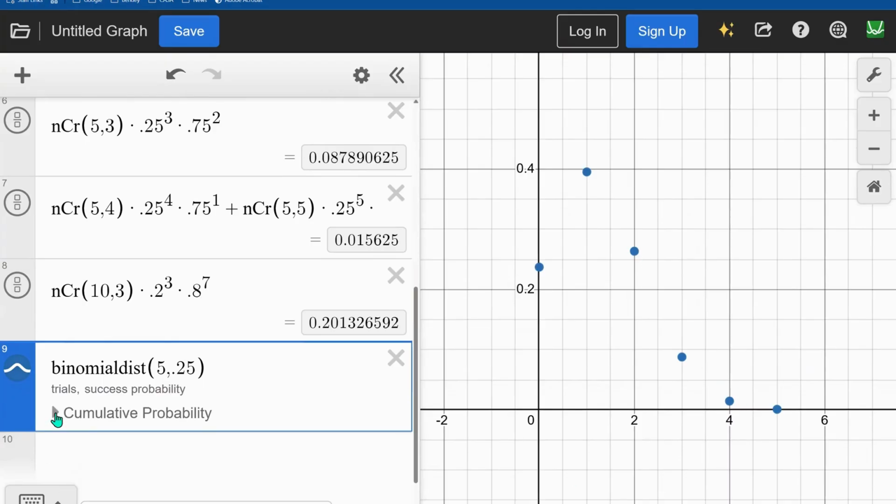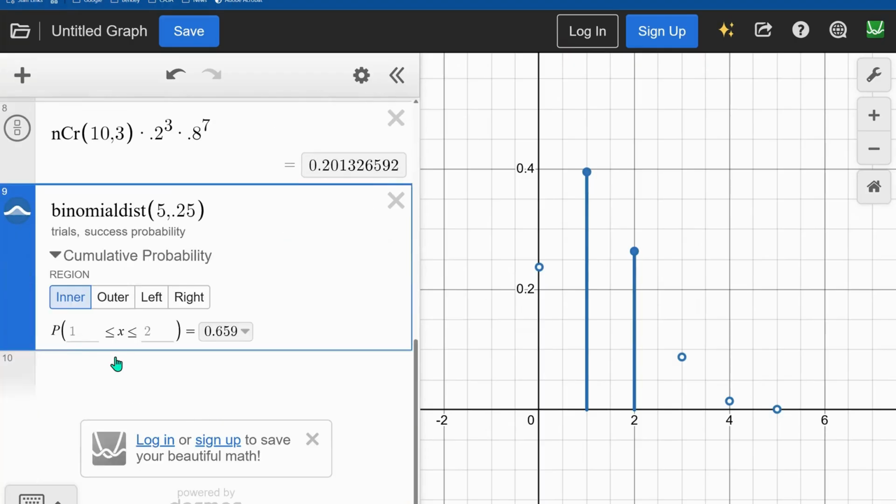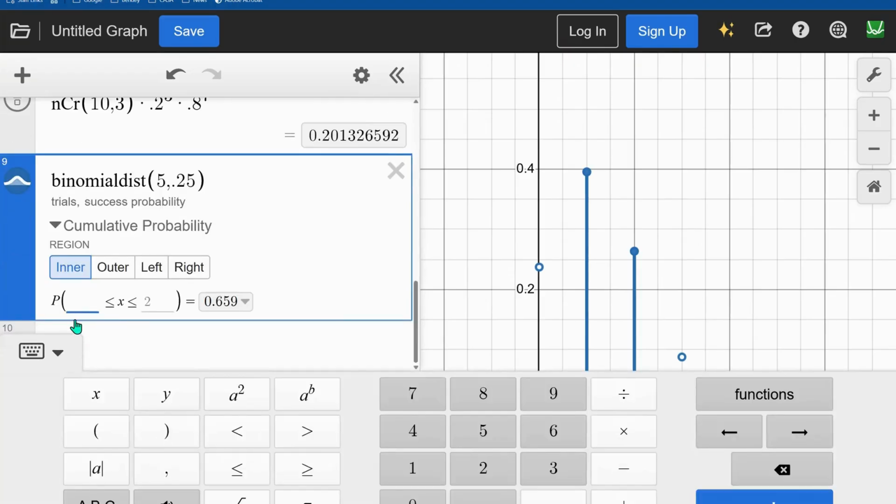If we choose this little arrow for cumulative probability, we get the ability, like we do with normal, to create some boundaries. If we want, for example, the probability of exactly 3 successes, then we might say I want the probability of X being between 3 and 3. And there is the 0.088 being calculated.